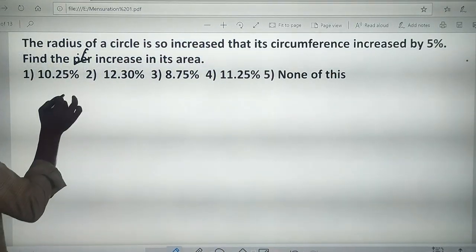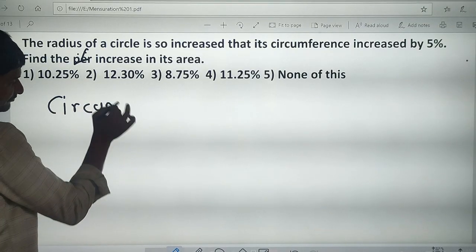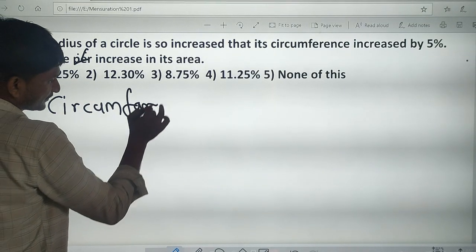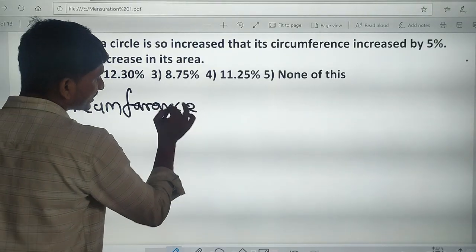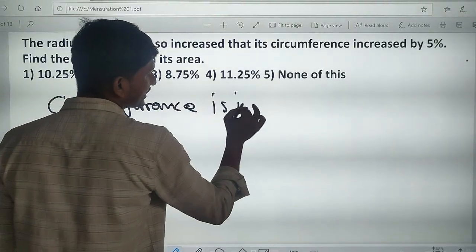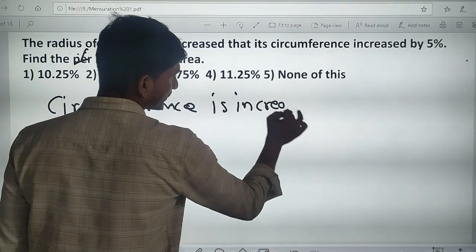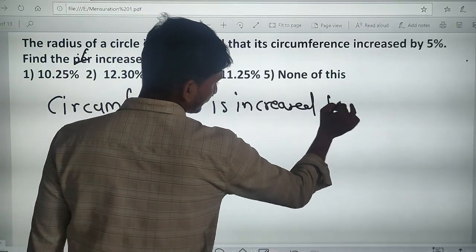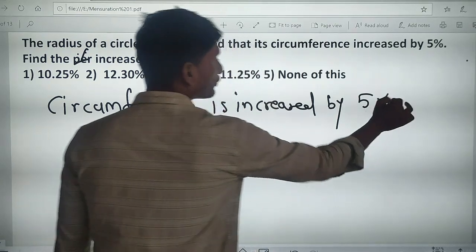Here your circumference is increased by 5%.